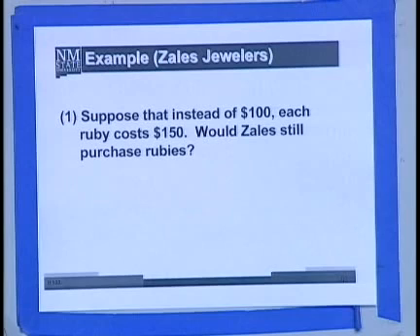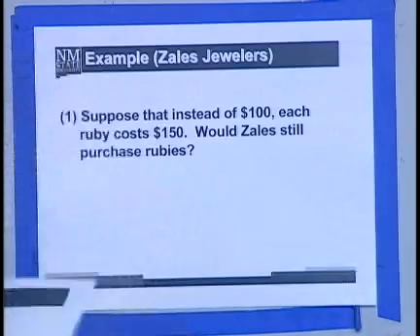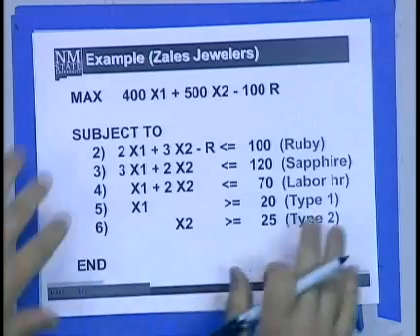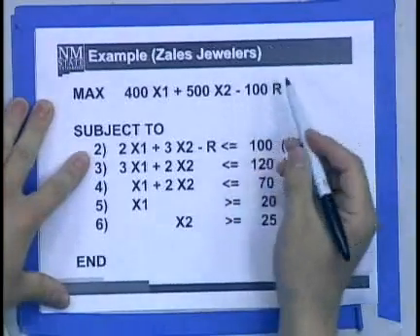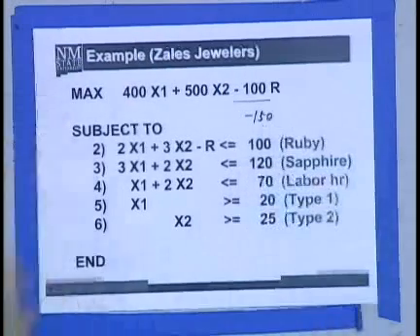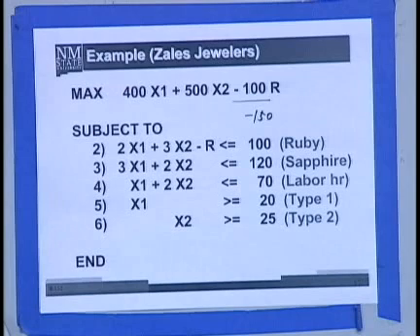Because the R value is 15, according to the optimal solution. And the new coefficient of the variable R in the objective function would be negative 150 instead of negative 100, which is a decrease of 50.